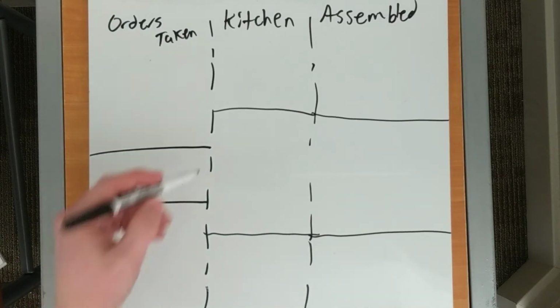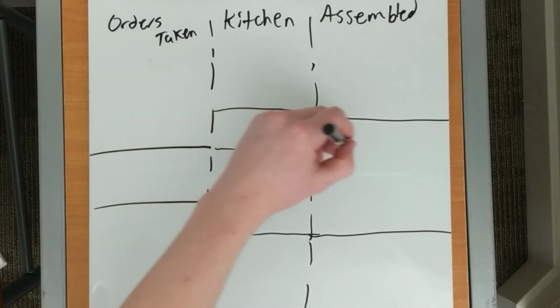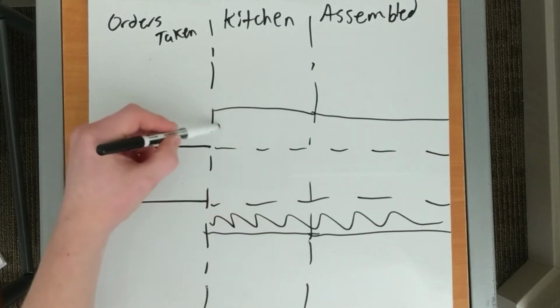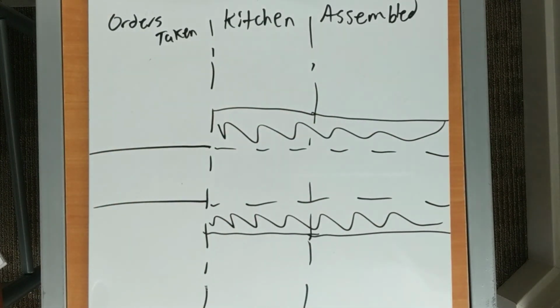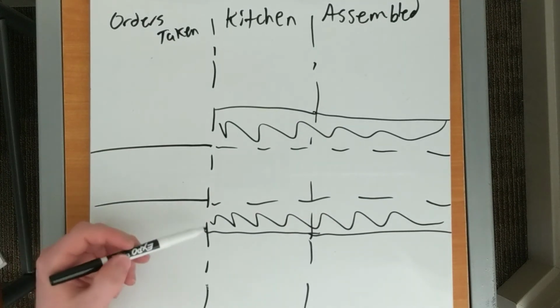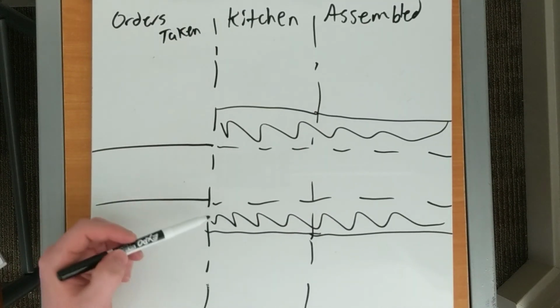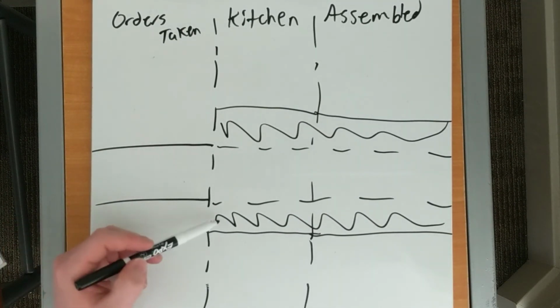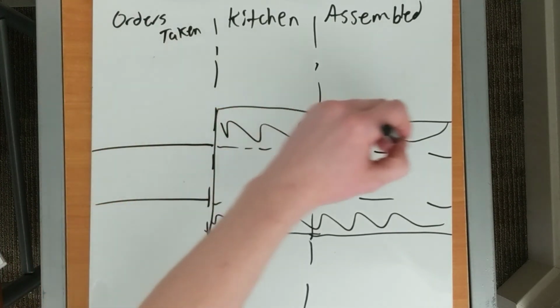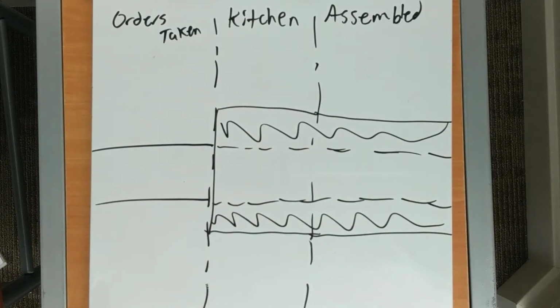The problem here is that all of this extra space in these processes is resources being wasted, because we have the staff, we have the ability to make this many all at once, but we only make this many because that's how many orders are coming back.